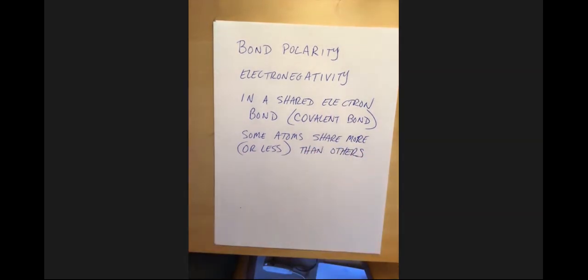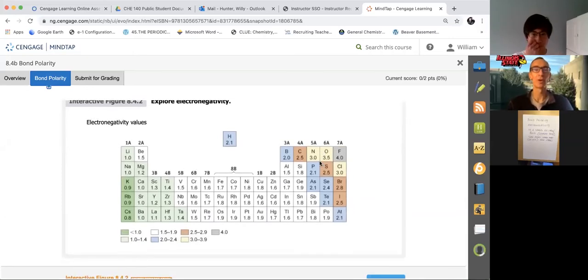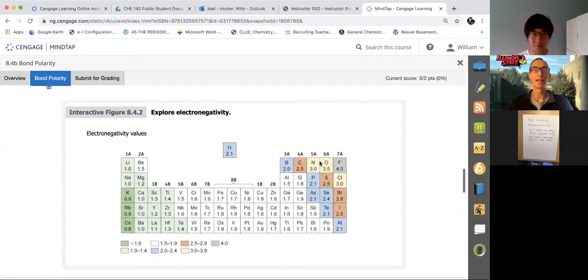Let me share my screen and go to Cengage for just a second here. So in chapter 8, there's a section called bond polarity, and it has a table of electronegativities. And so, not too surprisingly, the atoms with high electron affinity and high electronegativity are in the same part of the periodic table.